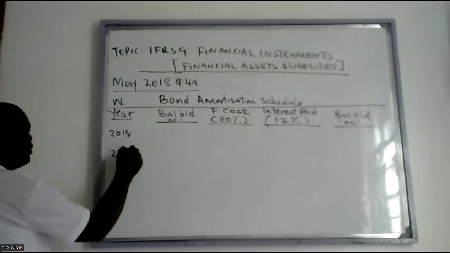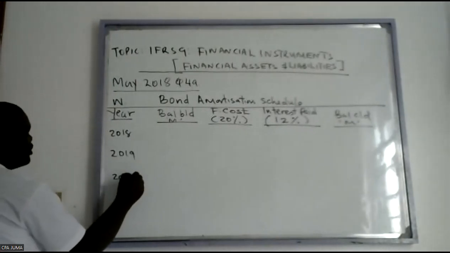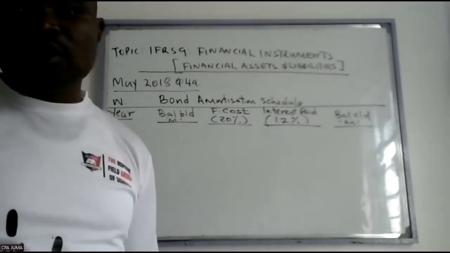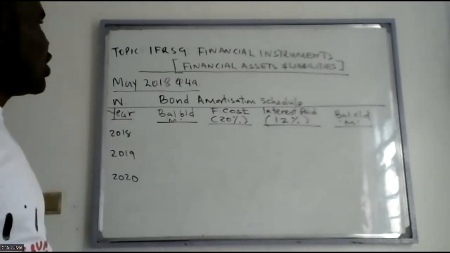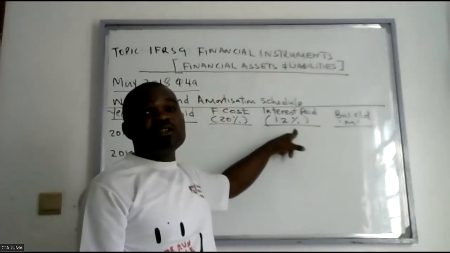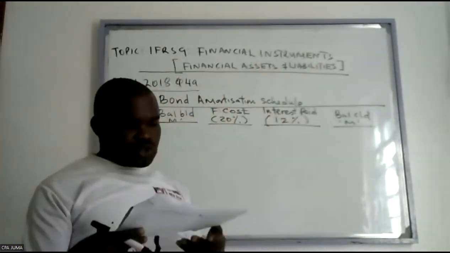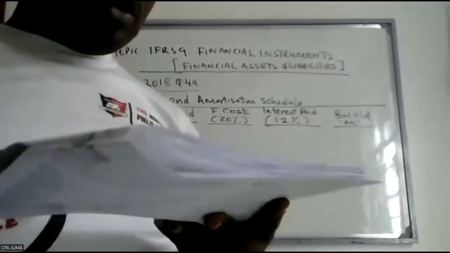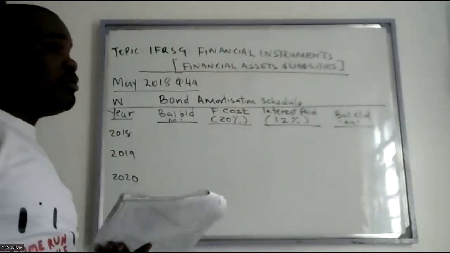So 2019, 2020. So we amortize for the maturity period, which is 3 years. So what I want you to do for me before I start, can you calculate for me 12% on the principal amount? The principal amount which was borrowed was 200 million. So what is 12% of 200 million?